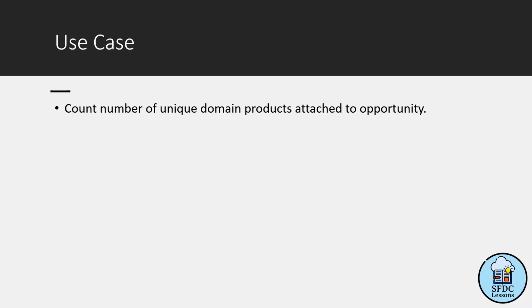Basically, there can be multiple products attached to a single opportunity, and the products can be from the same domain. So we have to count the unique domains attached to an opportunity. This is the use case that we are going to solve with the help of flow.